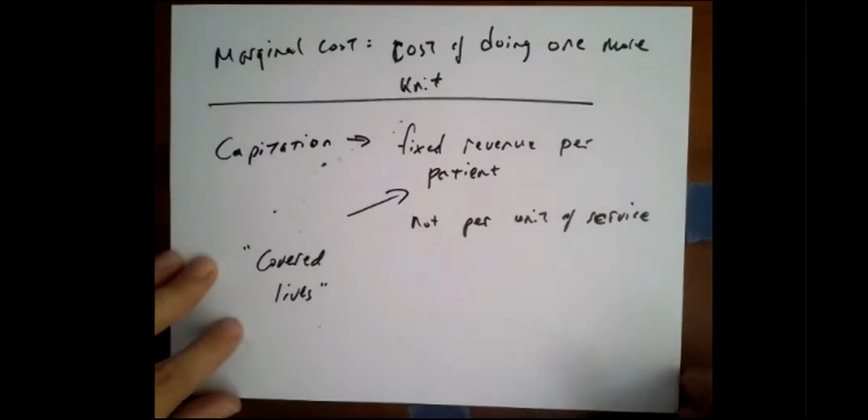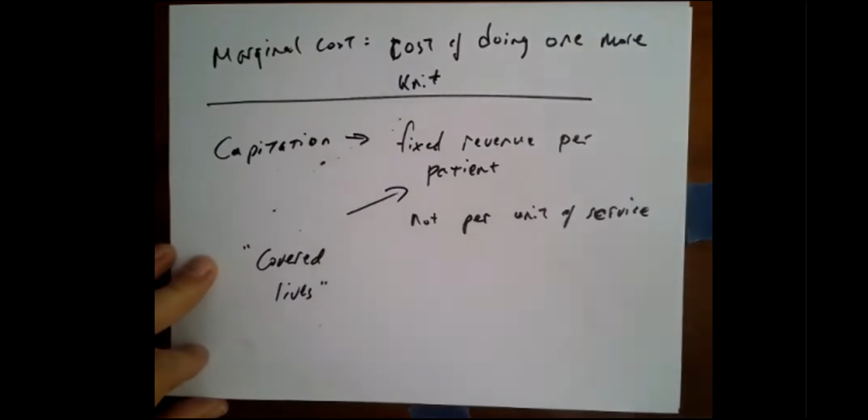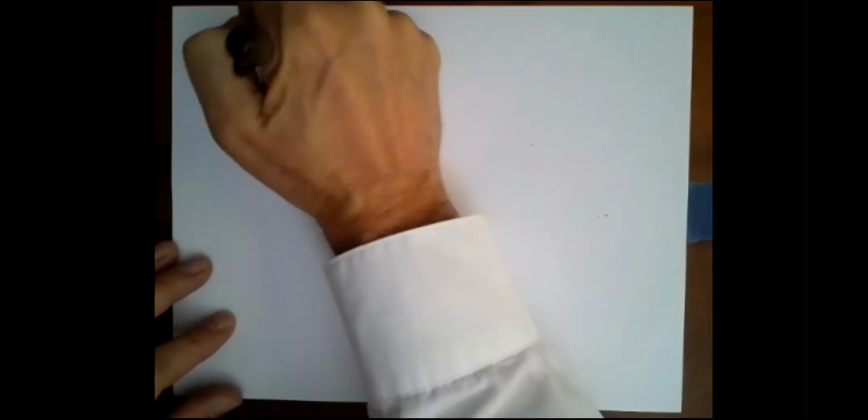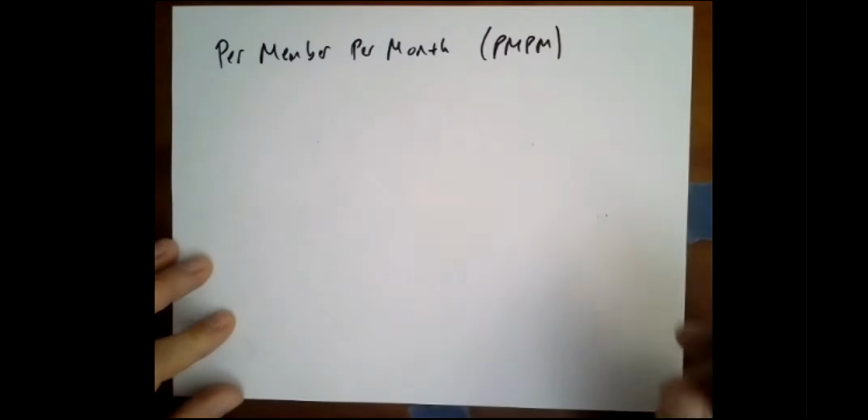So how does revenue work under capitation? Well, the way it works is we come up with a per member per month charge, which we abbreviate PMPM.